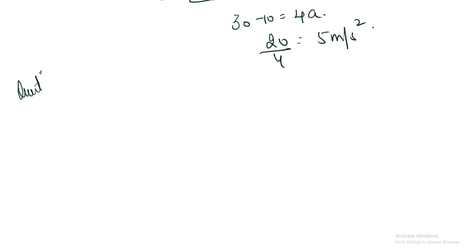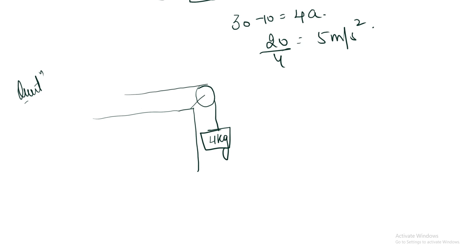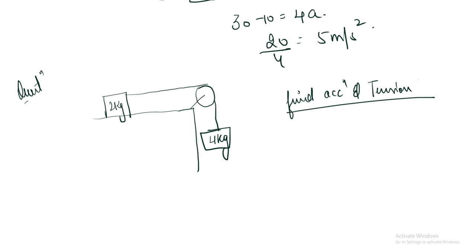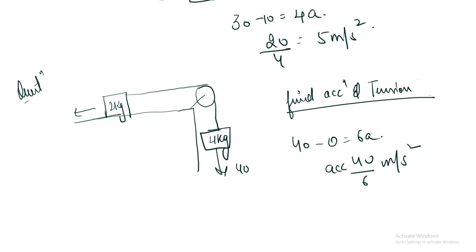Now the next question is, find acceleration and tension without using pen and paper. 40 minus 0 is equal to 6a, 40 by 6 meter per second square is the acceleration, because here 40 Newton is applied downwards and there is no mg component towards horizontal for the 2 kgs block.